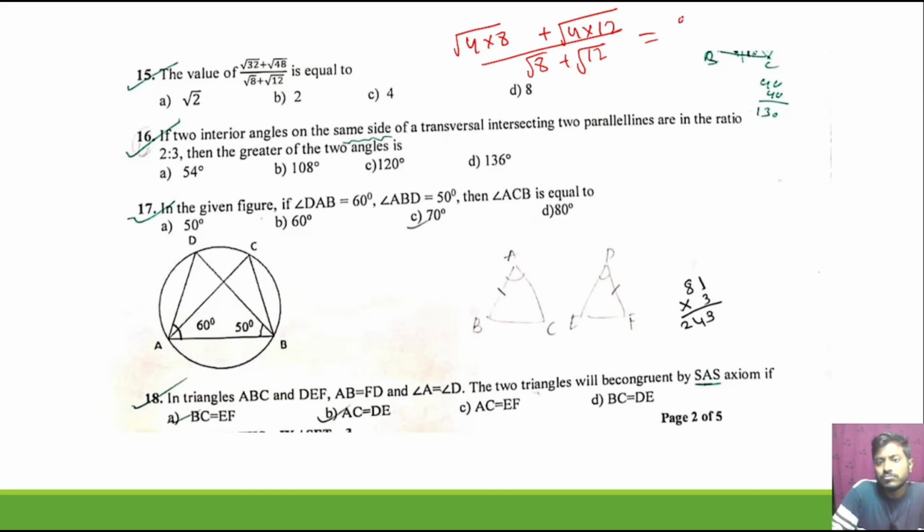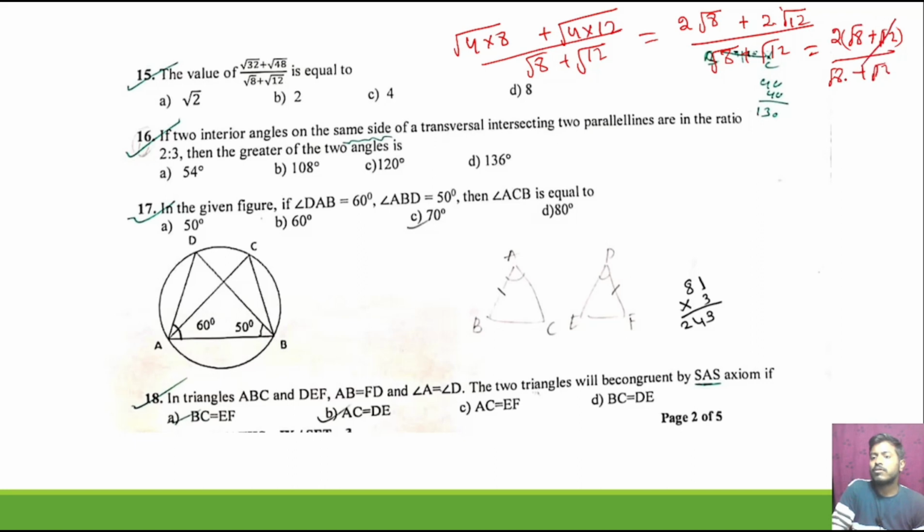Root 4 means 2, then root 8 plus root 4 means 2 root 12, divided by 8 plus 12 root 2 by 8 root 2, 12 root 2. Now taking common 2, 2 root 8 plus root 12 divided by root 8 plus root 12. Now this cancels, the answer is 2. So option B is the correct answer.